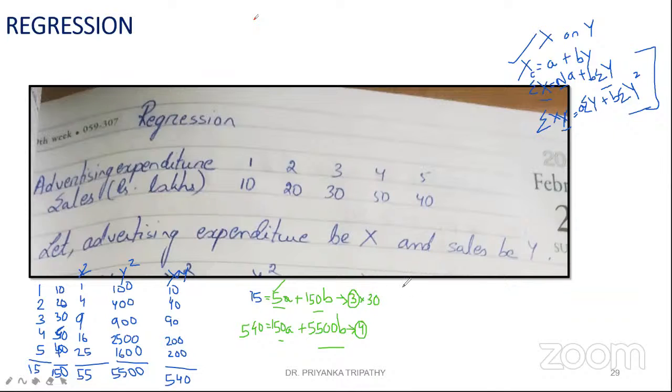So now your new equation will be, let me write like this, 150A plus 150 into 30, that comes to 4500B, equals to 15 into 30, so that is your 450. This is your equation number 5.